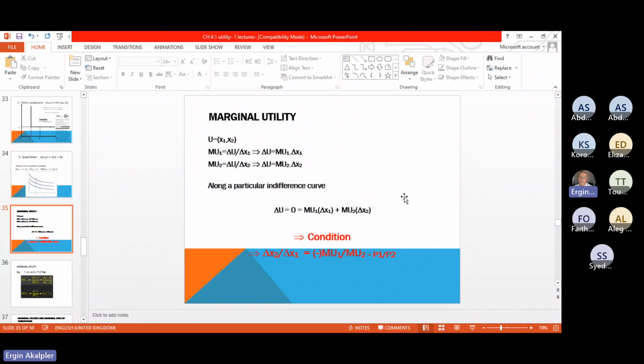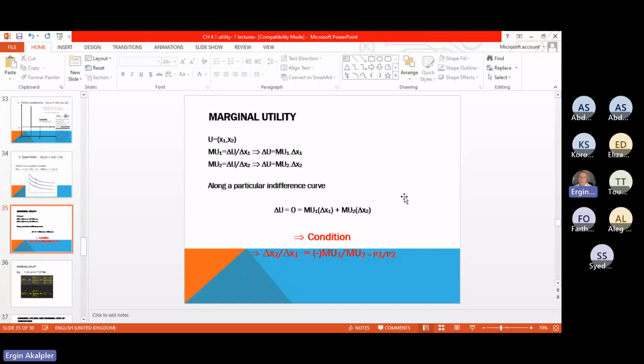And then when you want to let delta U stand alone, you have to multiply delta X1 on the right and left to remove delta X1 from the right side, to find the delta U for marginal utility 1, and for marginal utility 2 you again multiply by delta X2 on both sides.